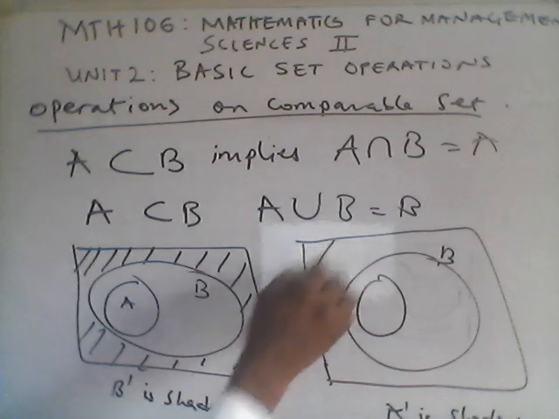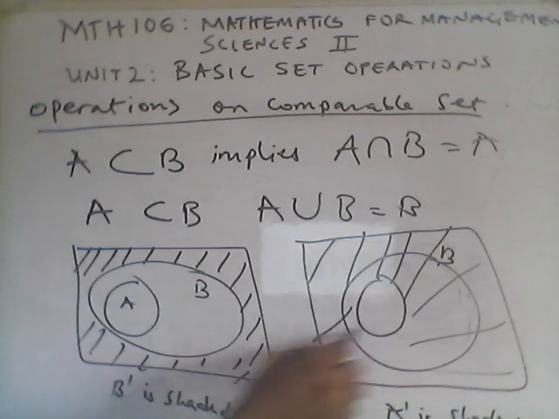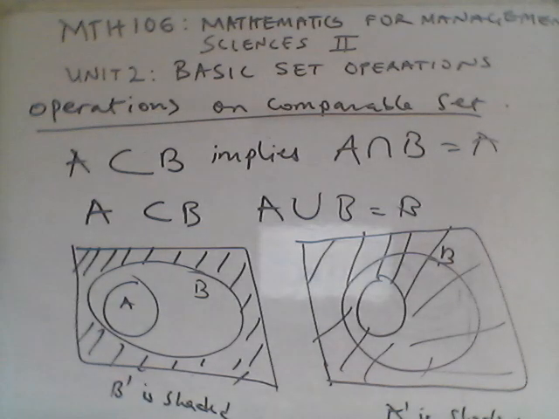A prime is anything that is not in A, but in the universal set. Understand? So if A is a subset of B, then the union of A and B difference A is precisely B.